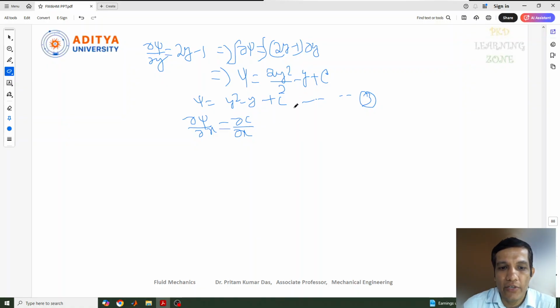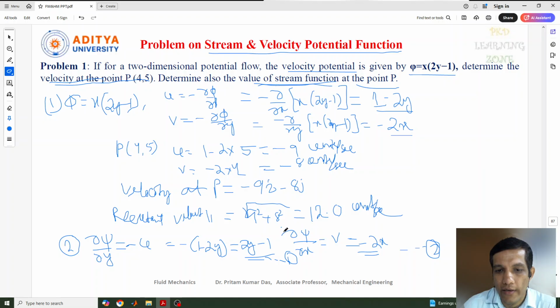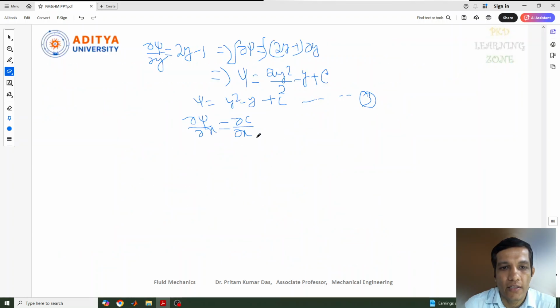In the previous equation we have another equation, del psi by del x equal to minus 2x. Now equating these two values, del c by del x equals minus 2x.